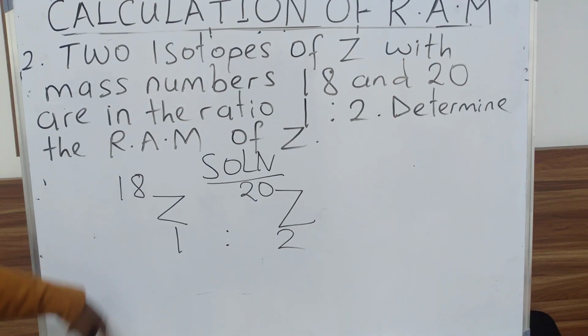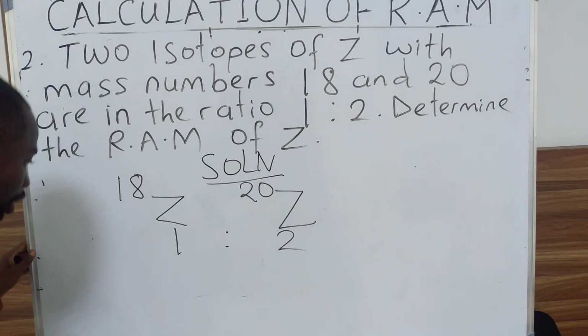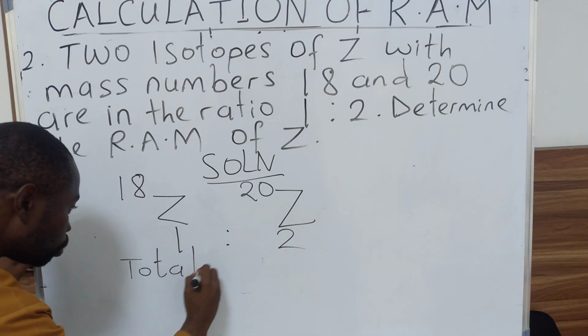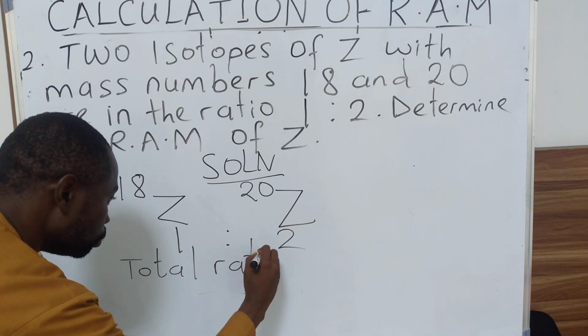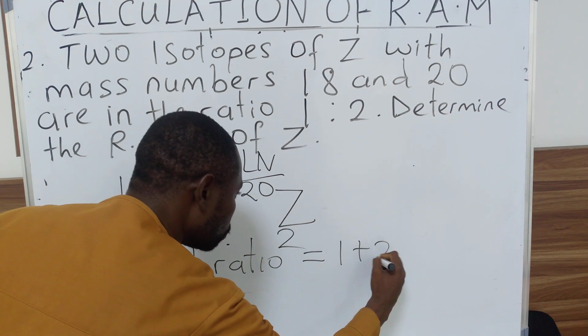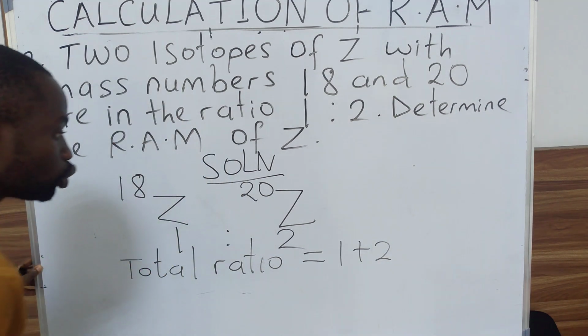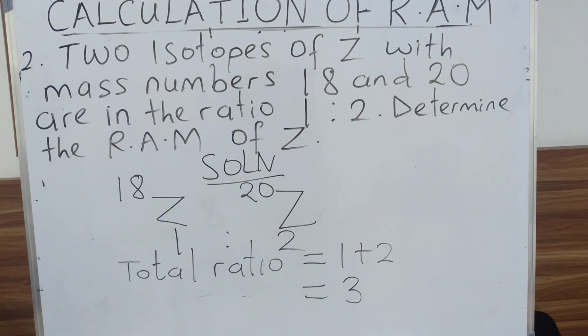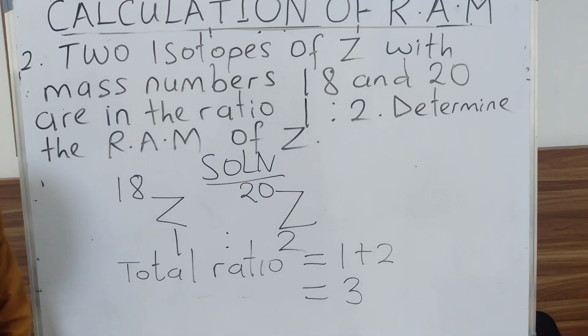So whenever you have a question like this, the first thing you do is find the total ratio. That is 1 plus 2, which gives us 3. So the total ratio is 3.